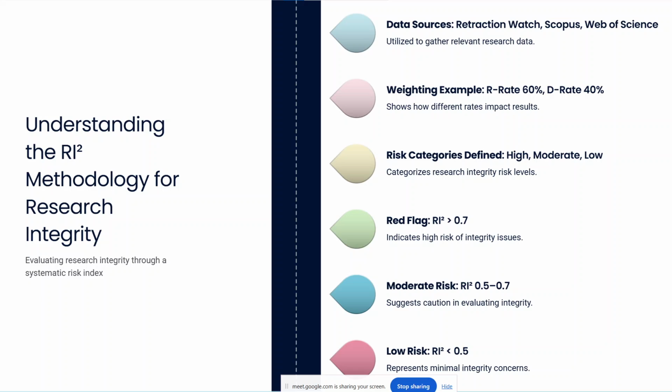Using the data collected from these sources, they calculate the retraction rate and delisted publication rate, and with that information, they calculate the RI square value. Based on the RI square value, universities or institutions fall into three categories: red flag, moderate risk, or low risk.